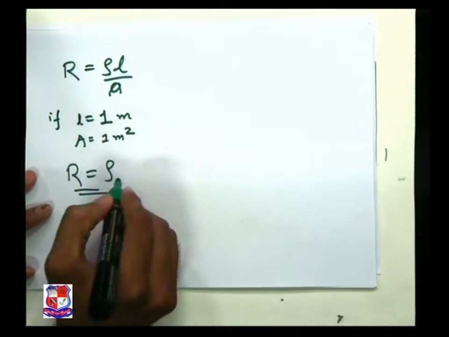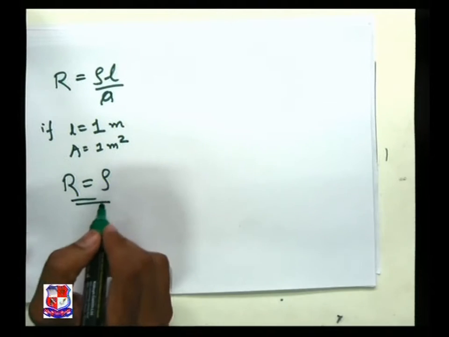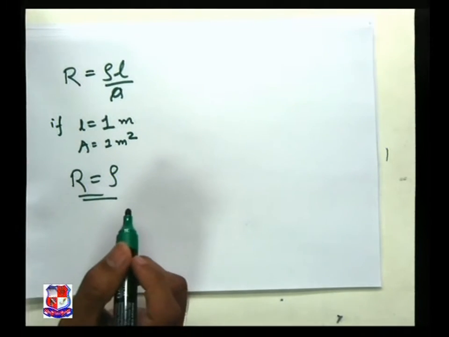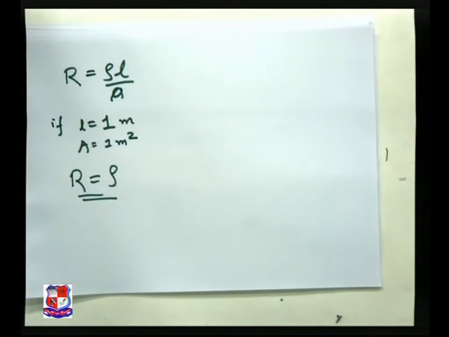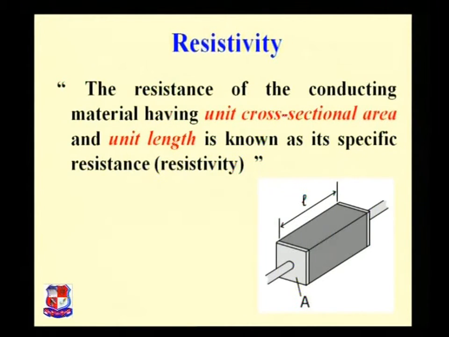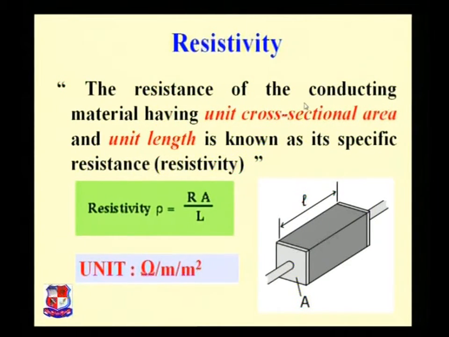That means the resistance becomes the resistivity, known as specific resistance. So we know the equation, rho is equal to R A upon L.